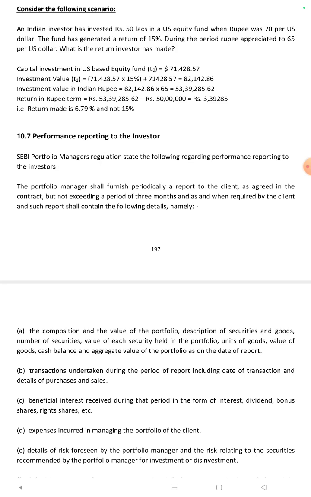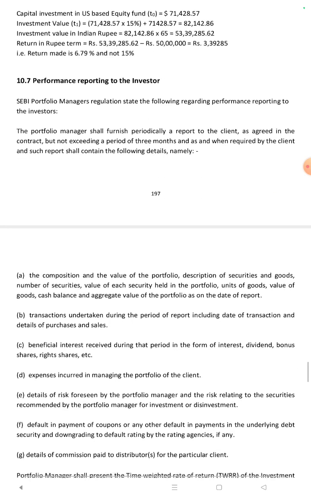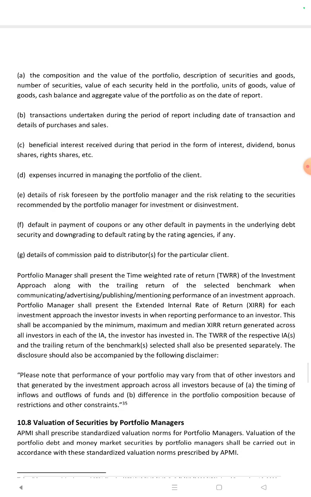Such report shall contain the following details, namely the composition and the value of the portfolio, description of securities and goods, numbers of securities, value of each security held in the portfolio, units of goods, value of goods, cash balance, and aggregate value of the portfolio as on the date of report.